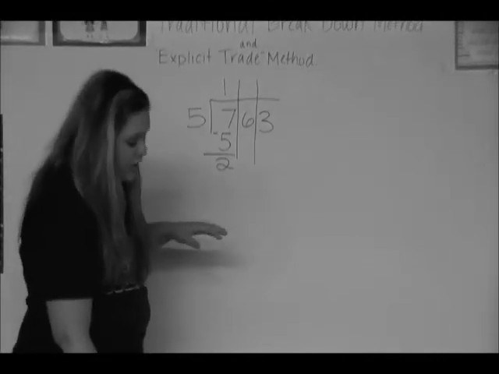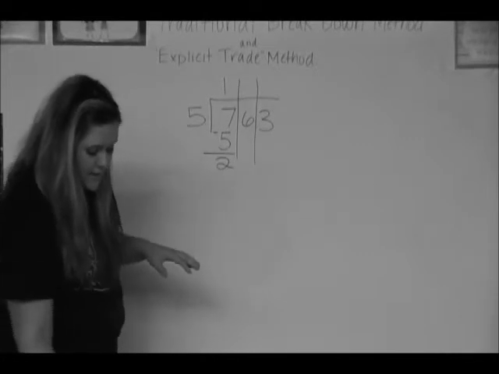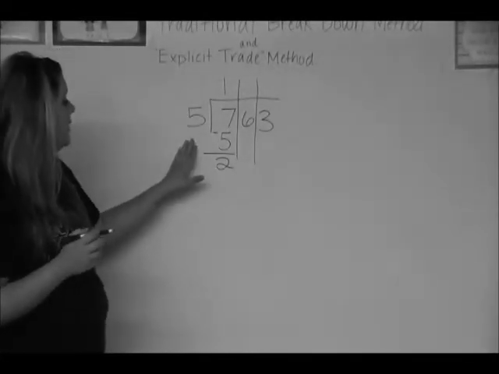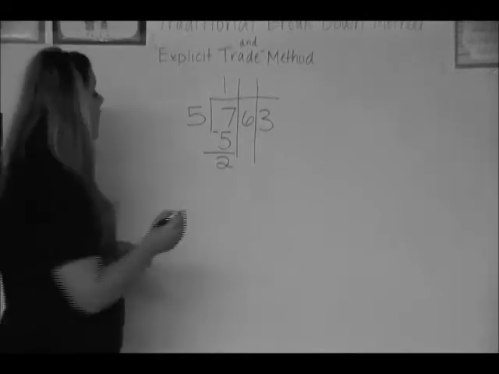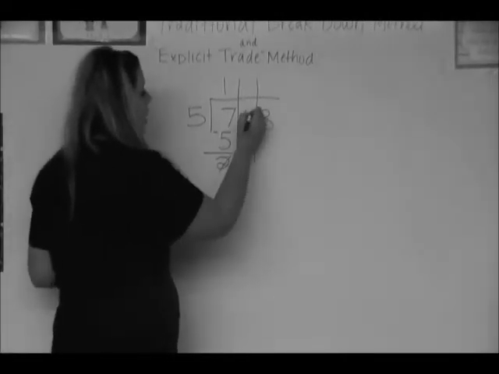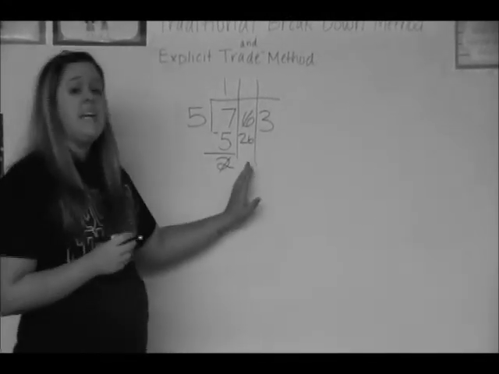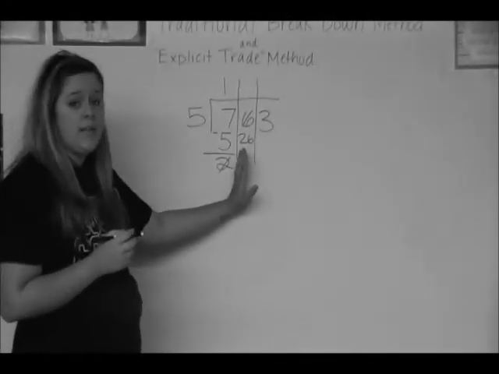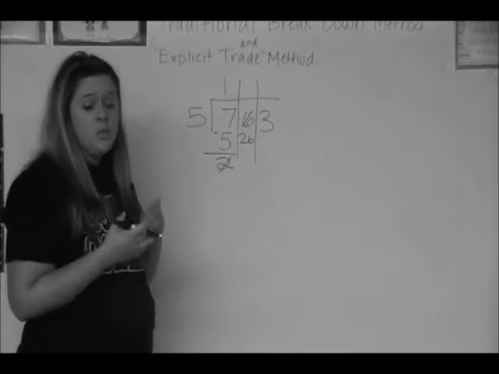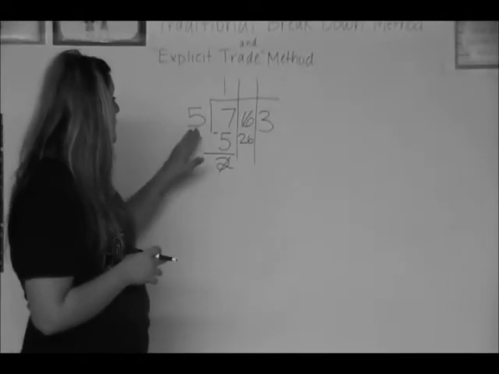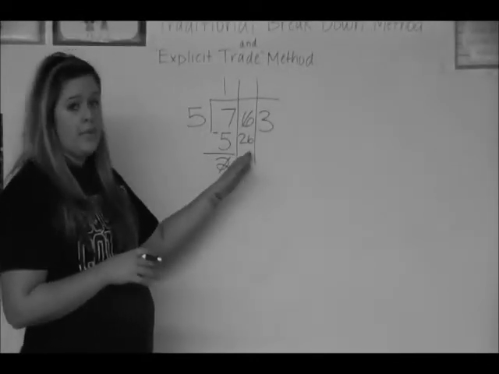Next, what we are going to do is, instead of bringing the 6 down, we are going to cross off the 2 and cross off the 6 and put 26 in the tens. And this tells us that we have 26 tens, which is equal to 260. Now we are going to see how many times 5 can go into 26.